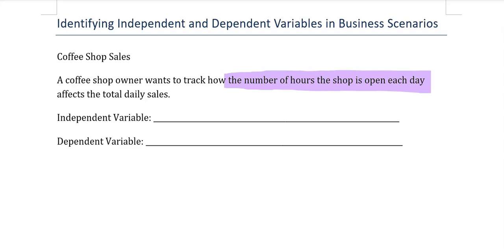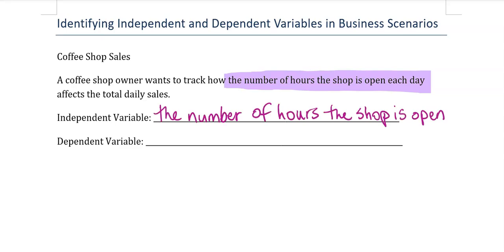So this will make our independent variable the number of hours the shop is open each day, and the dependent variable will be the total daily sales, since the total daily sales will depend on how many hours the shop is open each day.